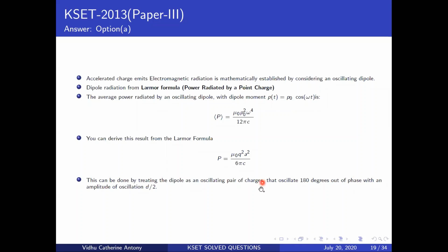Using that concept in your Larmor formula, you are able to get to this. So this is your accelerated charge formula, and this is your electric dipole formula.